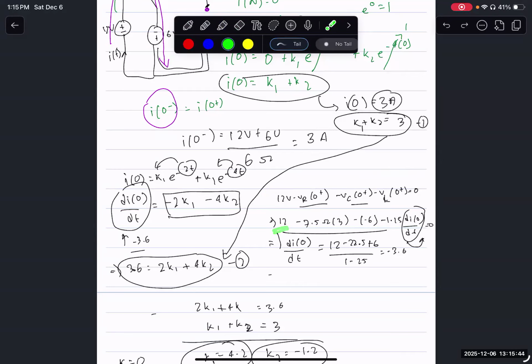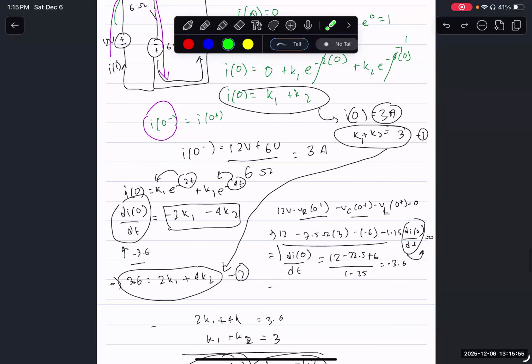This is just 12 volts, the 6.6 plus the 1.5 is 7.5. 6 farads is the capacitance that was there. 1.15 henry was the inductance for the inductor. And then from the formula, this remains. So we need this di/dt, which comes out as negative 3.6, right?